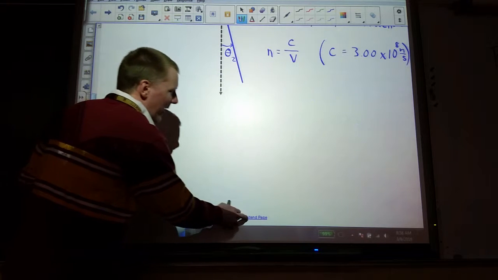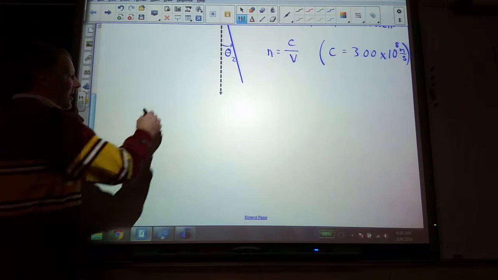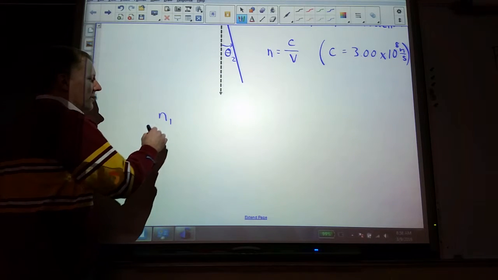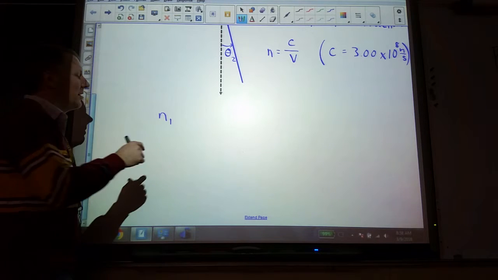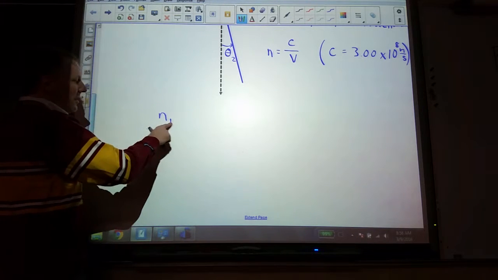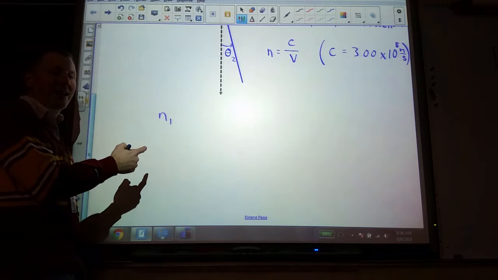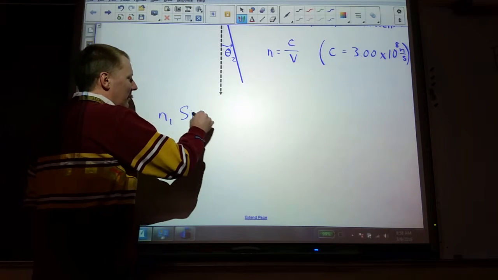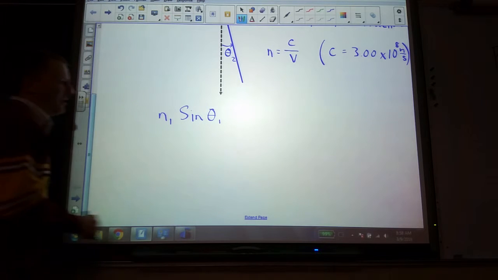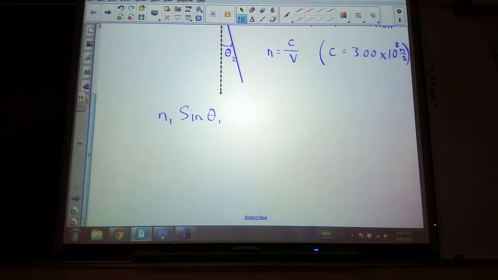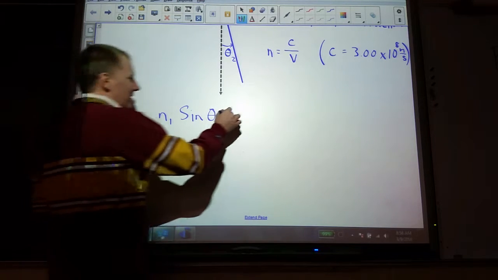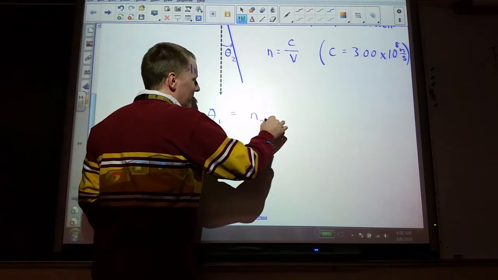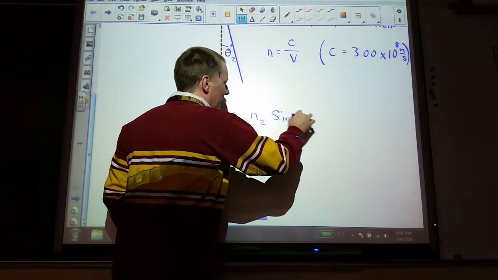That's because when you back out and do all of Snell's law, it's actually a comparison of the two substances. Medium one, in our case the air, will also have its own index of refraction, and then you multiply it by the sine of the angle that it makes with the normal. That is a constant. So this is equal to what you found, n2 sine theta 2.